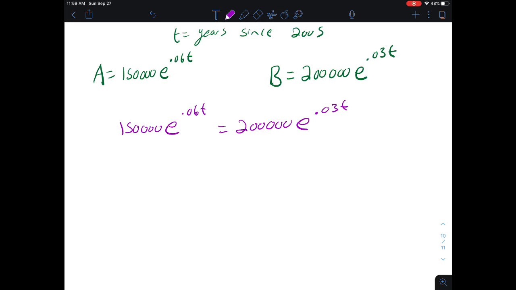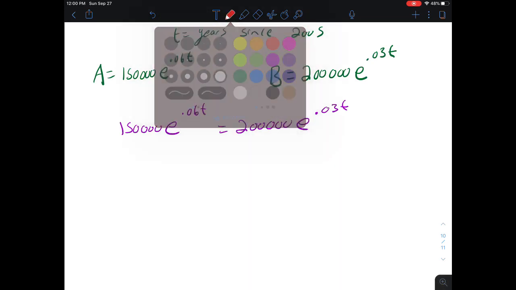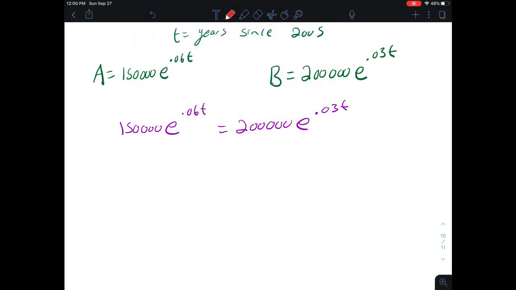Well, the problem that we have right now is that our variable is in the exponent on both sides of this equation, in terms of what we want to solve for. So what I'm going to do is divide first. I want to get my T's on the same side and everything else away from it. So I'm going to divide by 150,000.